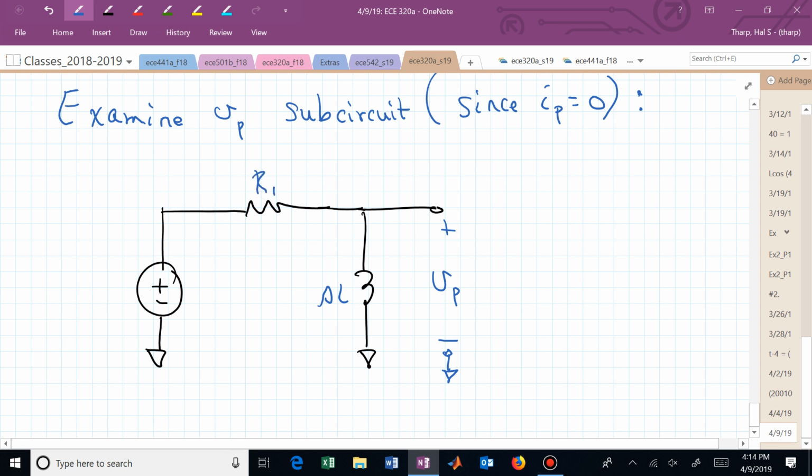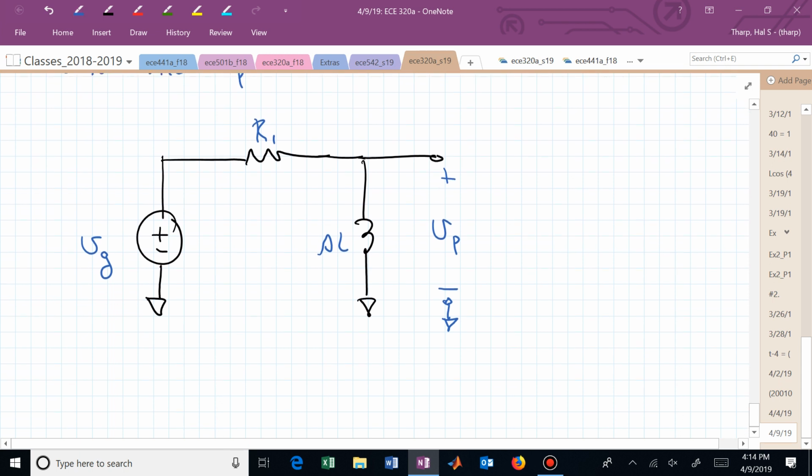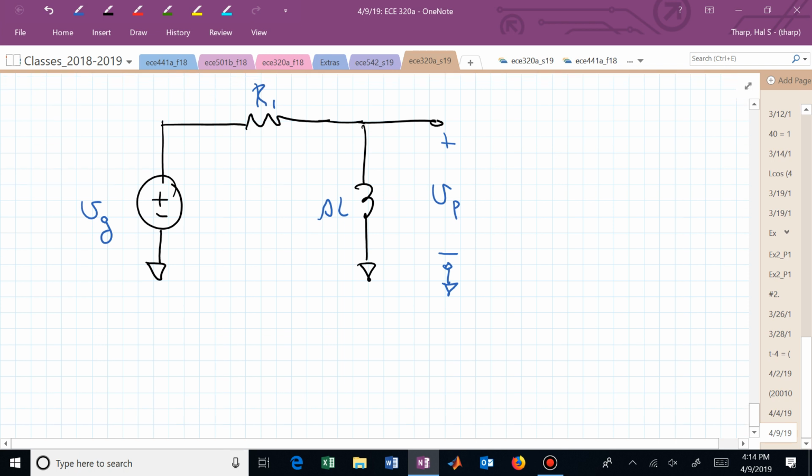Here's our R1, and here is V sub G. What we want to do is find a relationship between V sub G and V sub P, or a transfer function. And you can do that now. We simply can do a voltage divider again to find the transfer function between V sub G and V sub P.